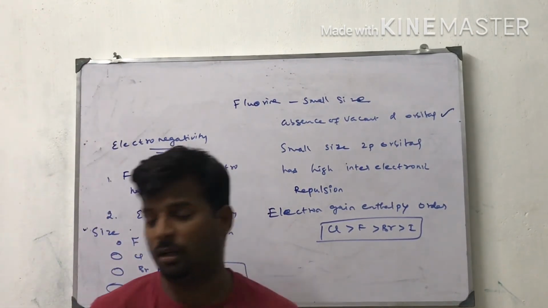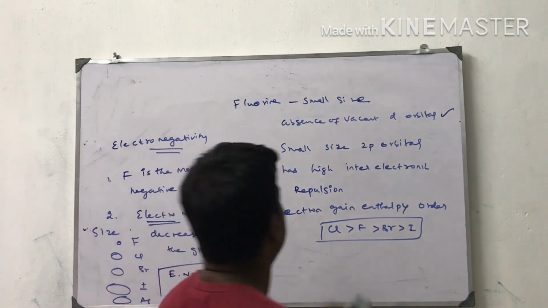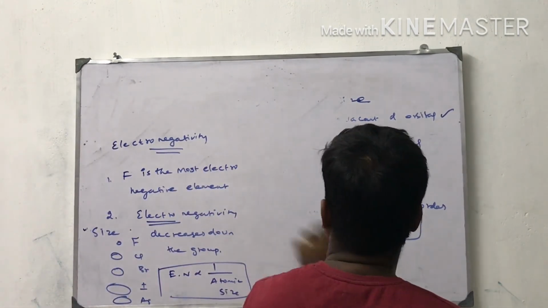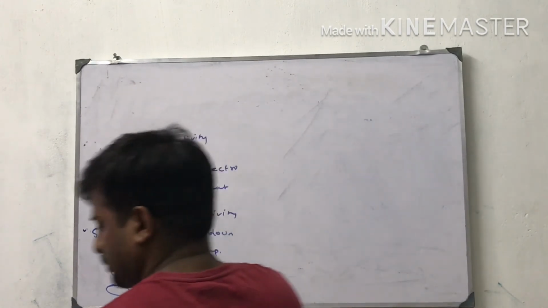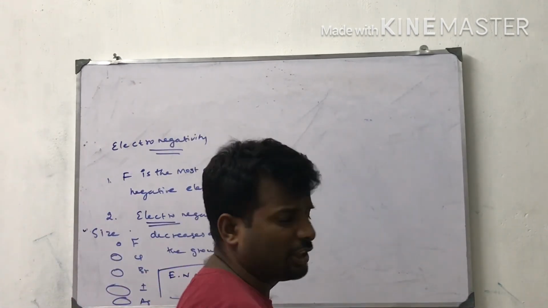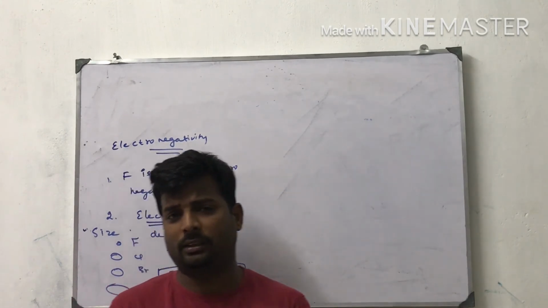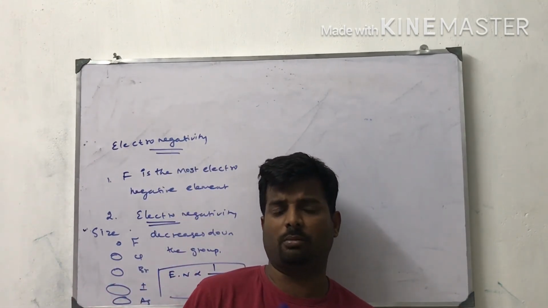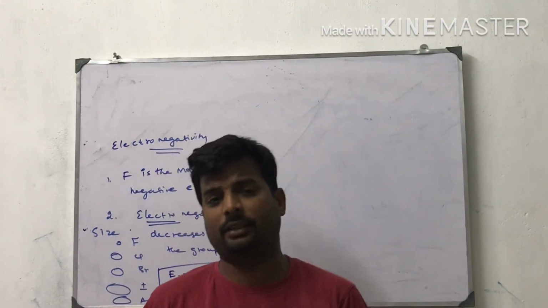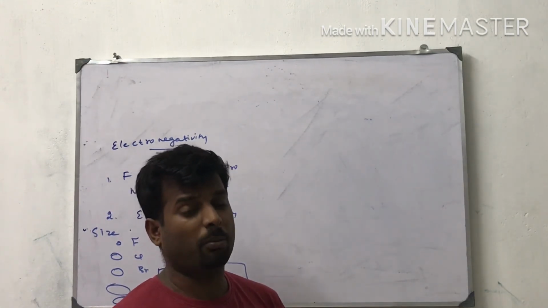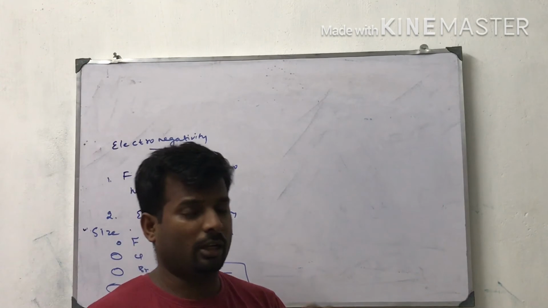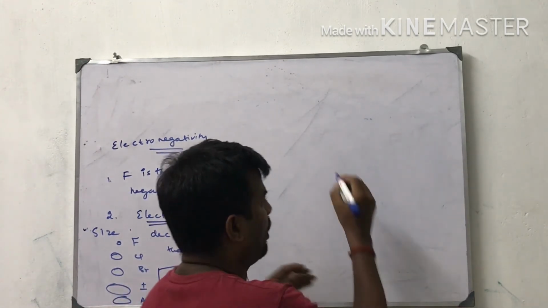Next I am going to tell about bond energy. Bond energy is the energy required to break the bond between two atoms. That is called bond dissociation energy. Bond energy means the energy of the bond.